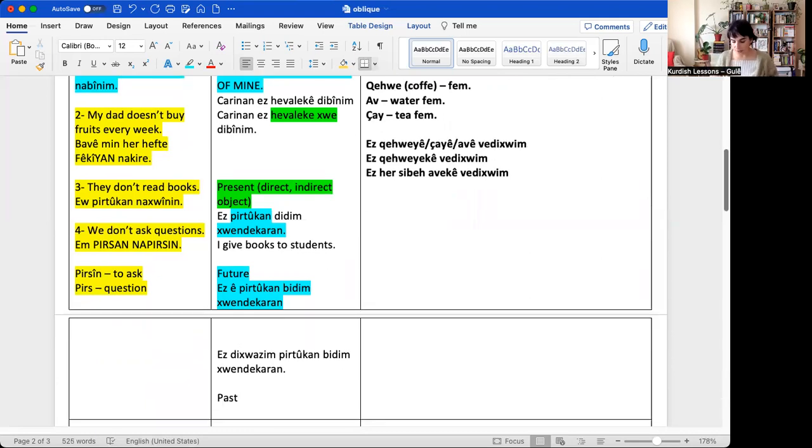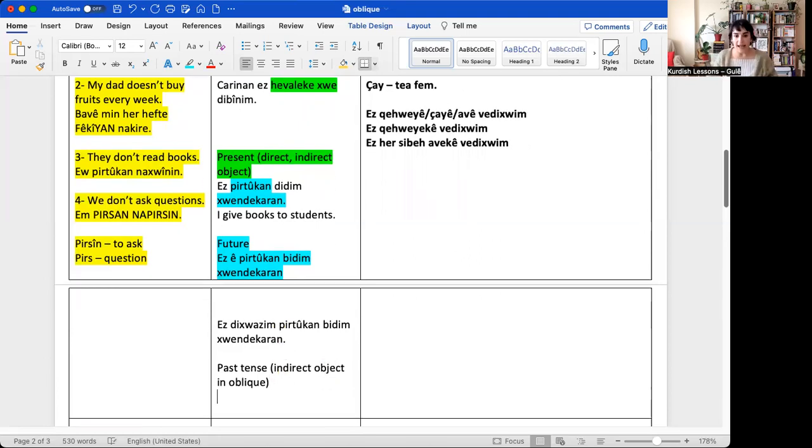Past, it is confusing if you didn't study past yet. In the past tense, indirect object is in oblique form, because direct object should be in nominative form. You will learn why when you study past tense.